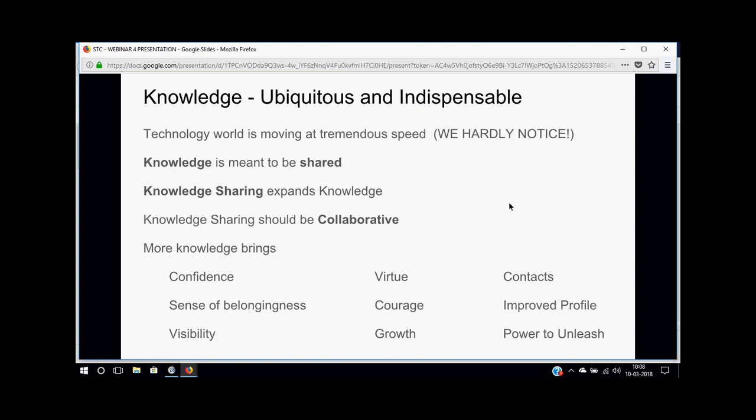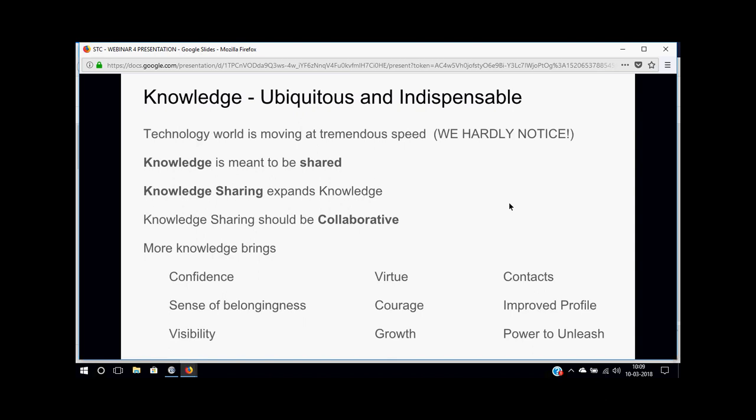So knowledge is meant to be shared, right? And as you share knowledge, it expands. We all know that the more you give, the more people are ready to give you more, and that's exactly what happens with knowledge also, right? If knowledge sharing happens in the true sense, in a collaborative way, it grows at a massive speed.